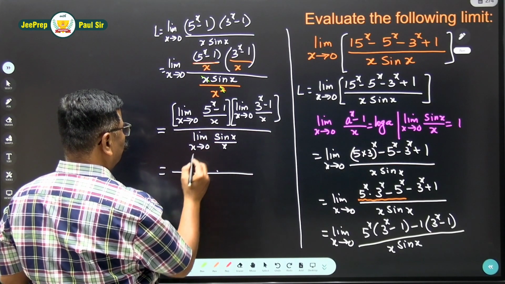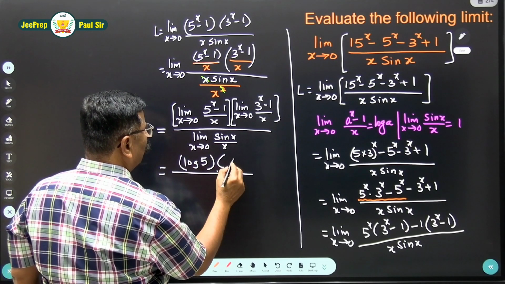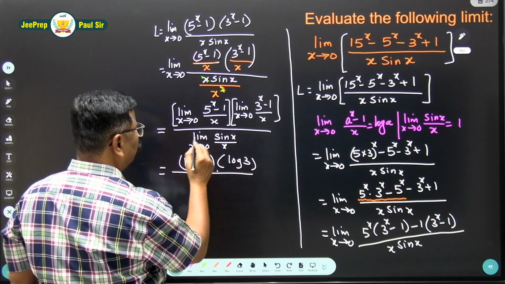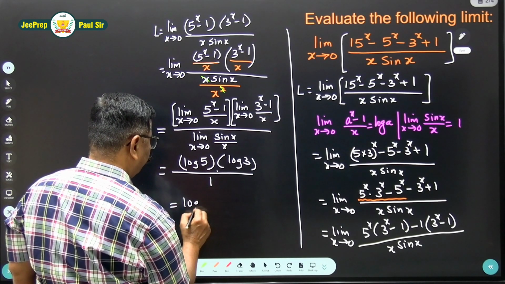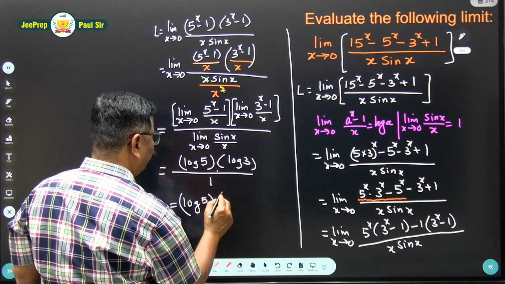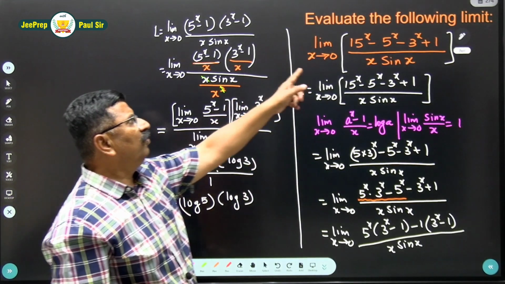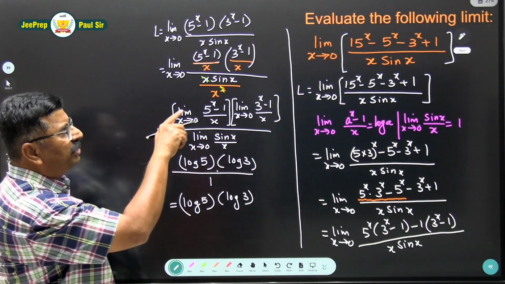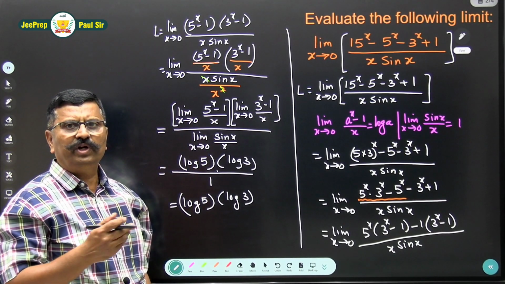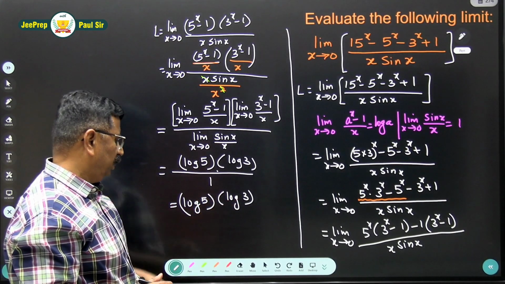So the limit of the numerator is log 5 into log 3 divided by limit of the denominator is 1. Hence the final answer is log 5 into log 3. Hence the limit of this function 15 raised to x minus 5 raised to x minus 3 raised to x plus 1, whole divided by x sin x, is log 5 into log 3.